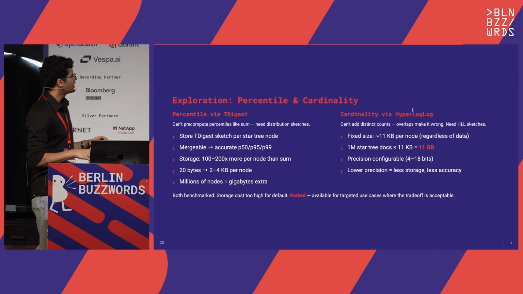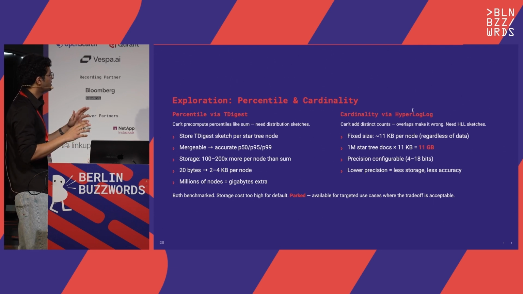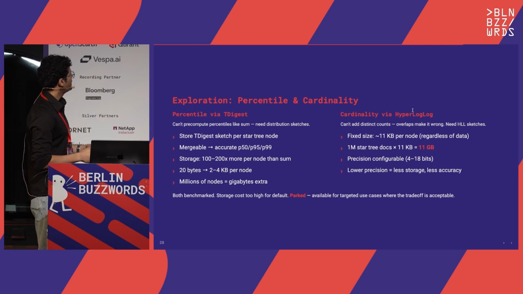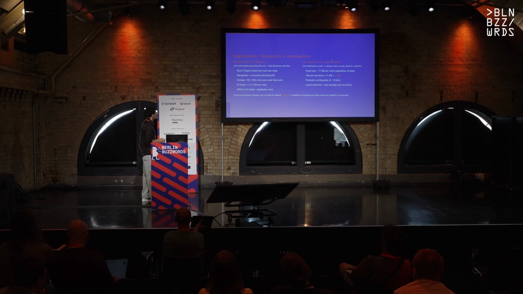So let's say there are a million star tree nodes in your data structure. That will correspond to x GBs of extra storage just to calculate percentile aggregation, which is bad. We can't have GBs of extra storage just to calculate percentile.